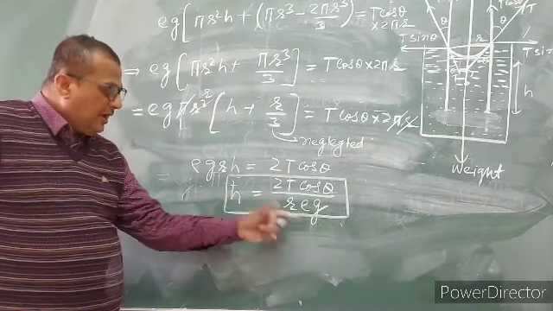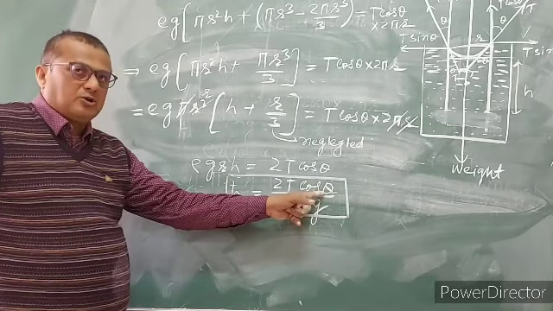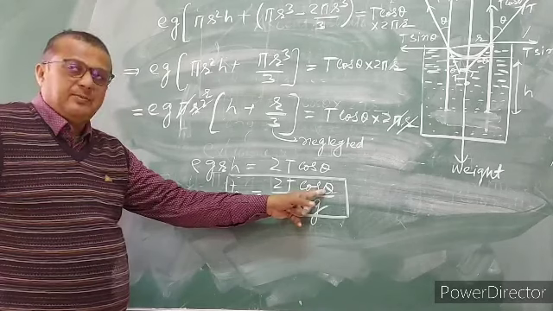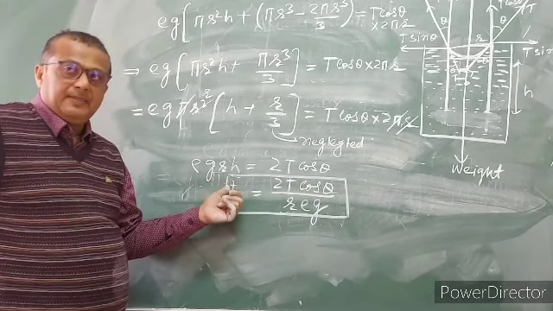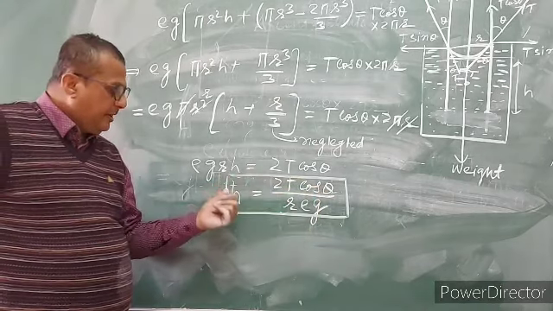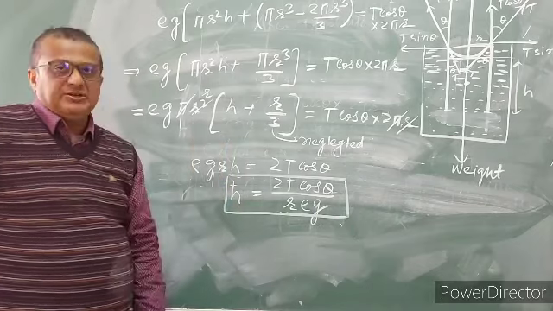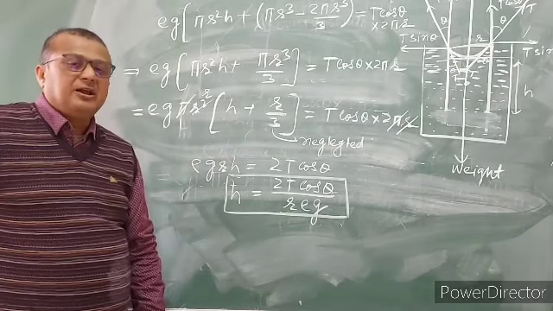If density is large, height will be small. It is directly proportional to cos theta. If the angle is small, height will be small. If the angle of contact is large, height will be large. So there are several factors on which it depends. I think it is clear.